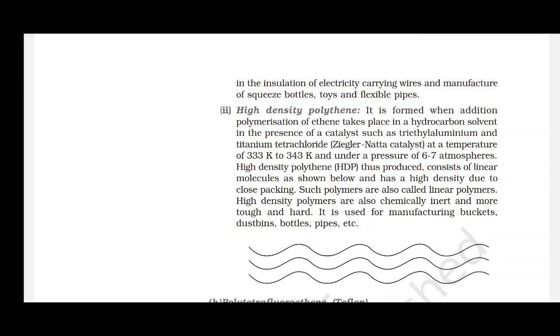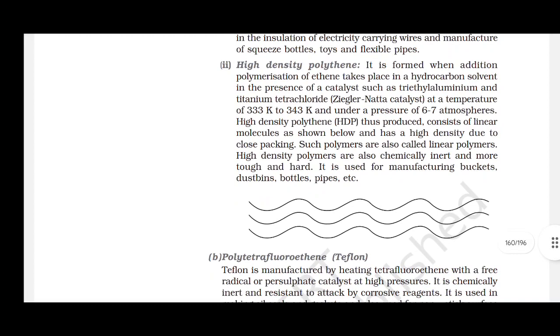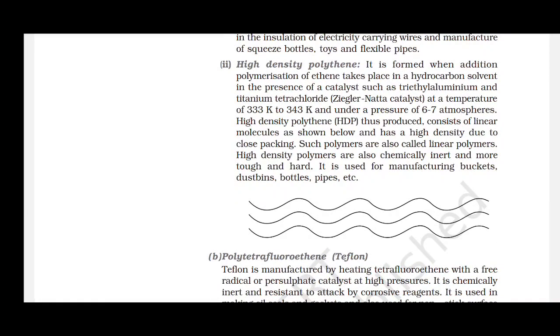High density polythene HDP thus produced consists of linear molecules as shown below and has a high density due to close packing. Such polymers are also called linear polymers. High density polymers are also chemically inert and more tough and hard. It is used for manufacturing buckets, dustbins, bottles, pipes, etc.